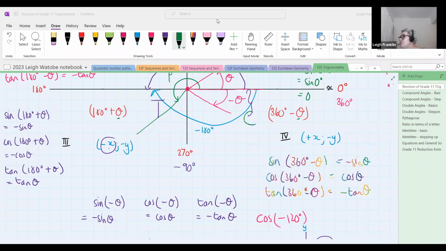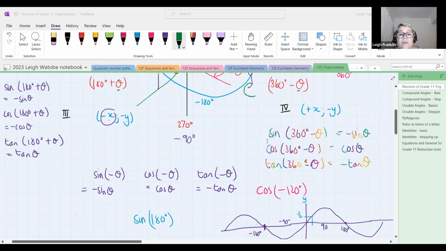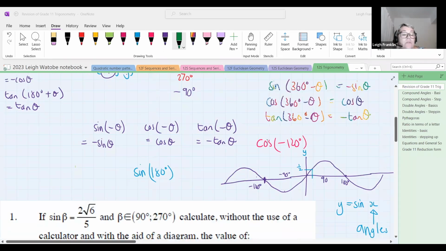Okay, and now do sine minus 180. What do you get? I get 0. You get 0 as well. Absolutely, so you would get that if you put it in the calculator as well.